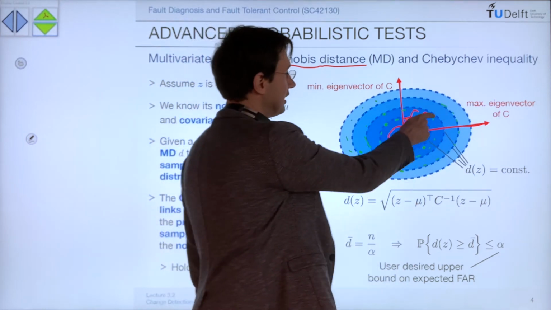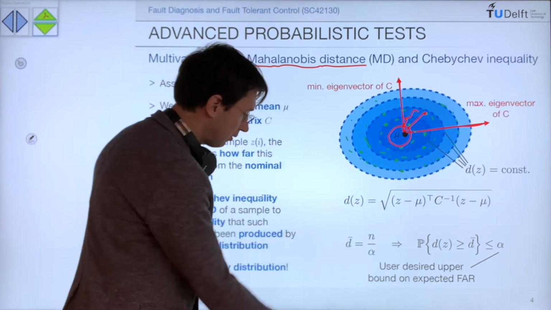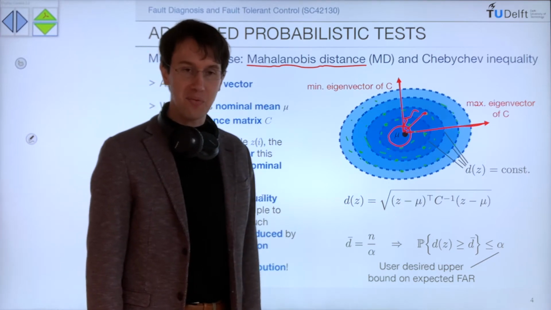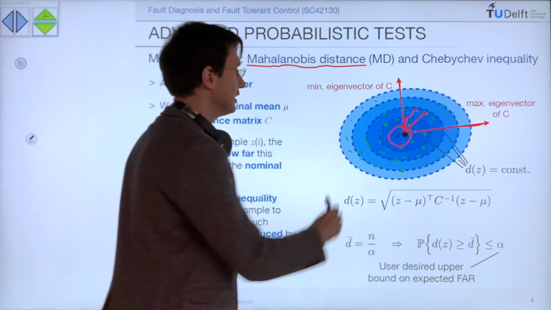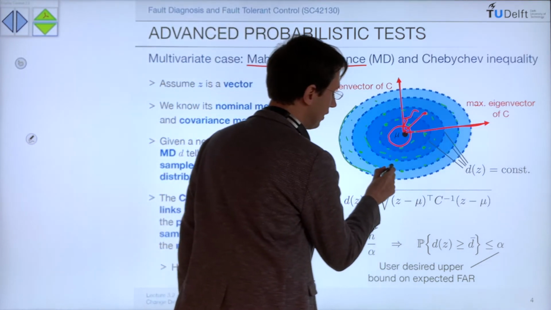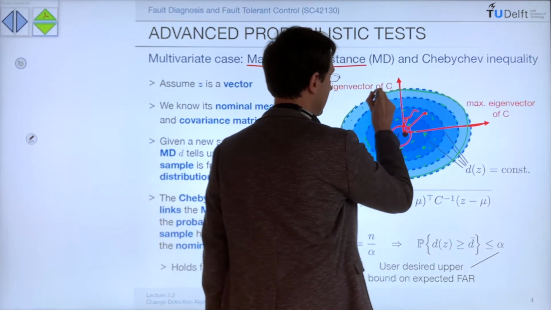You can find a limit value for D, which we call D overbar, that tells you whether you are safe or not. So for instance, we can say, this is the maximum value for D that we accept.